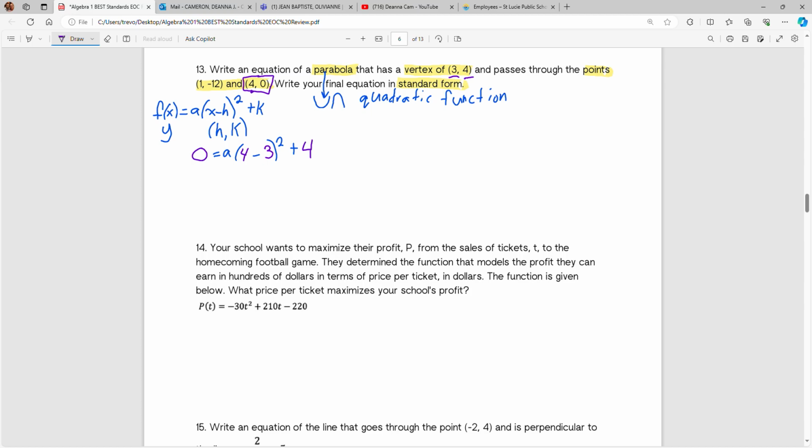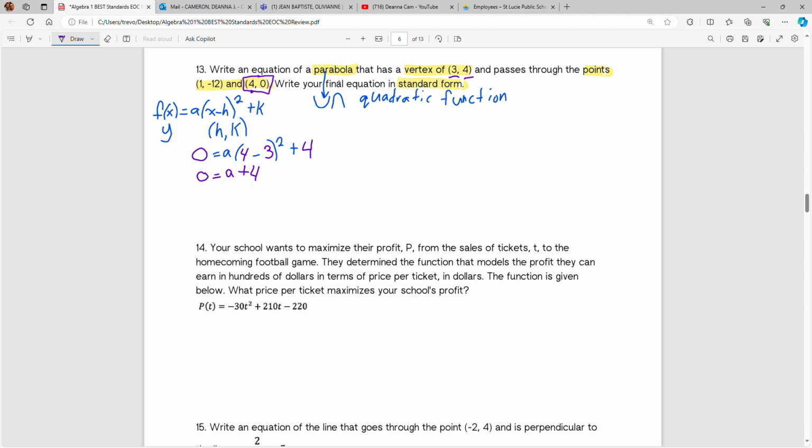Now I can start simplifying. 0 equals a times 4 minus 3 is 1. 1 squared is 1, so that's just a, plus 4.